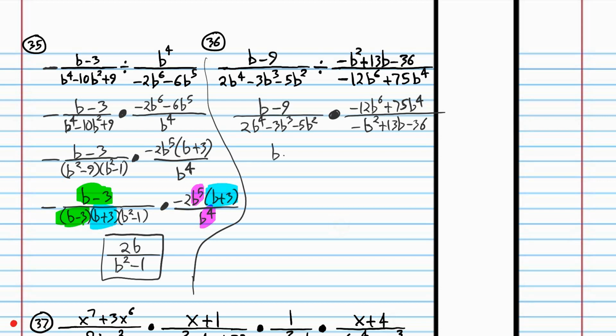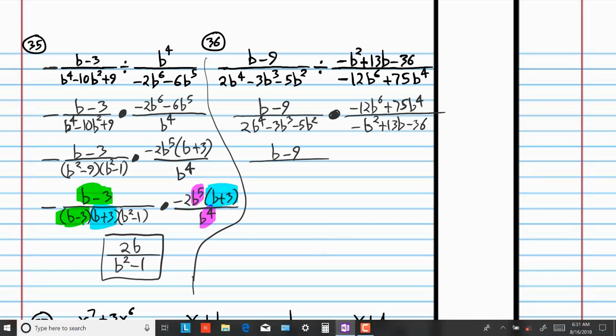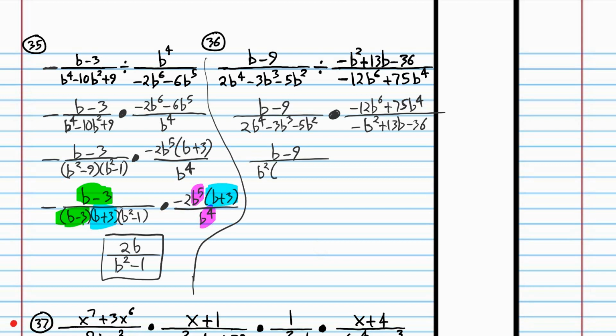All right, and now we're ready to factor. And looks like we can factor in negative 3b to the fourth.